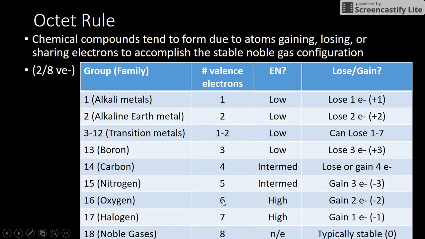Oxygen group 16 has 6 valence electrons. Everything in that row has a high electronegativity for the most part. They tend to gain 2 electrons to be -2. Halogens, group 17, have 7 valence electrons. They have a high electronegativity. They tend to gain 1 electron to be -1. Noble gases, group 18, have 8 valence electrons. They do not really have an electronegativity because they don't want to add another electron, and they're typically stable. So they don't tend to make an ion of any form.